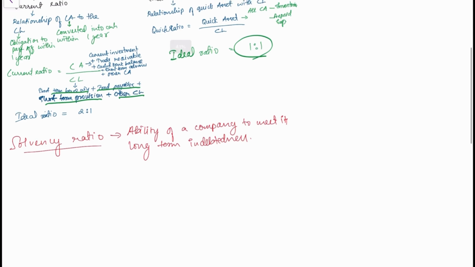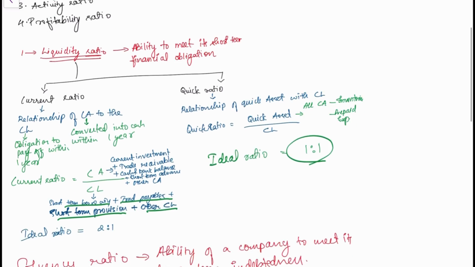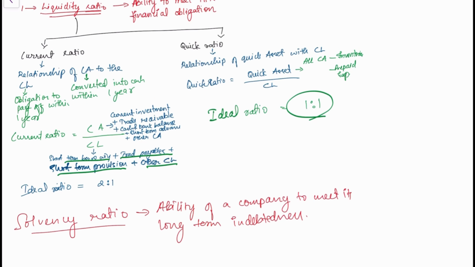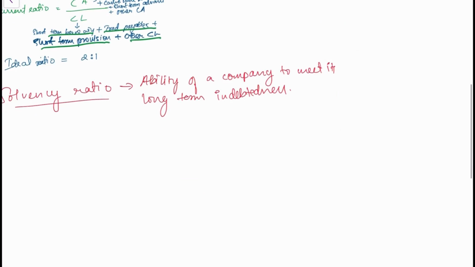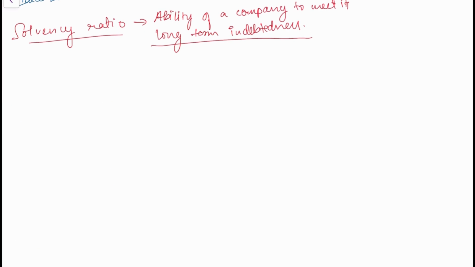Okay, so this liquidity ratio, it is for the short term period, and solvency ratio is ability of the company to meet its long term indebtedness, and liquid ratio, it is to meet its short term obligations. Okay, indebtedness can be also called long term obligation.